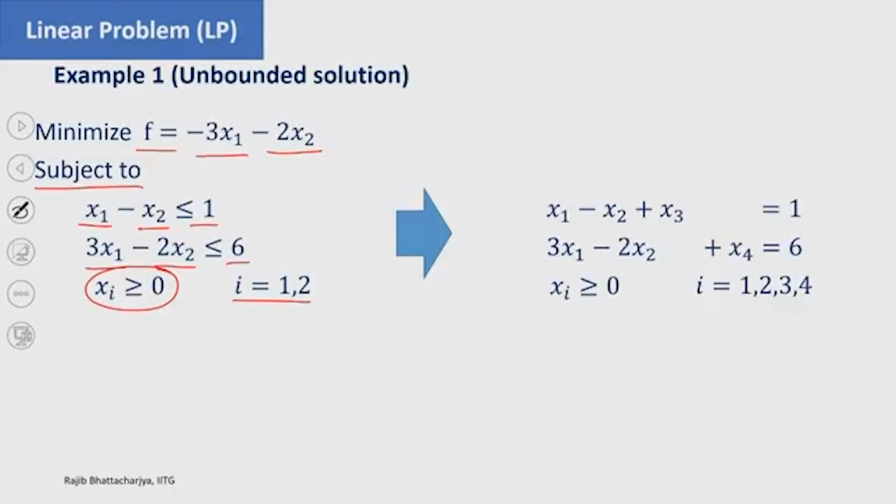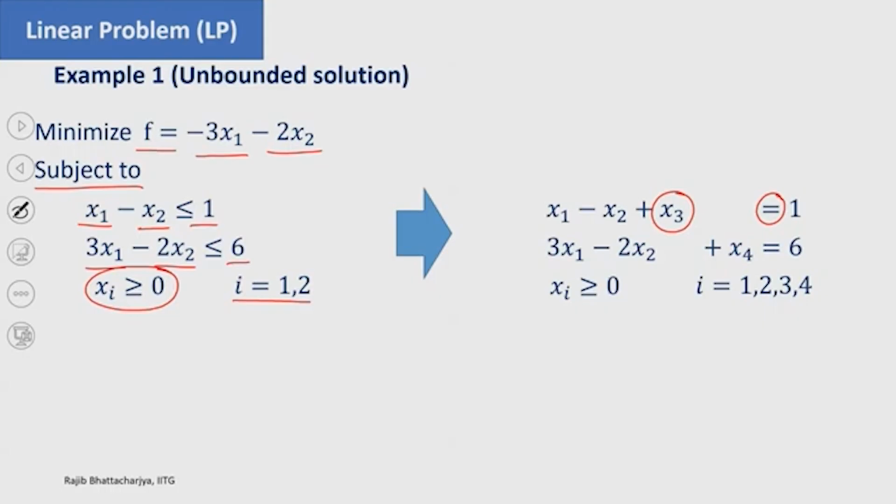If you convert it, what is the standard form? I have to make it an equality. The first constraint is a less than or equal type constraint. So, what I am doing is adding a slack variable here in order to make it equal. So, now x1 minus x2 plus x3 equal to 1.